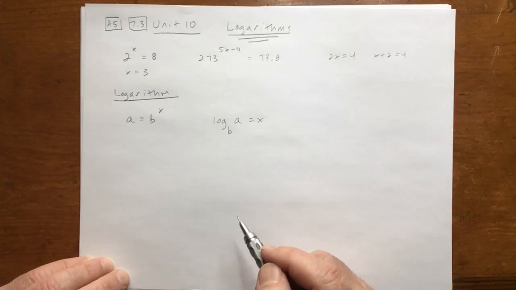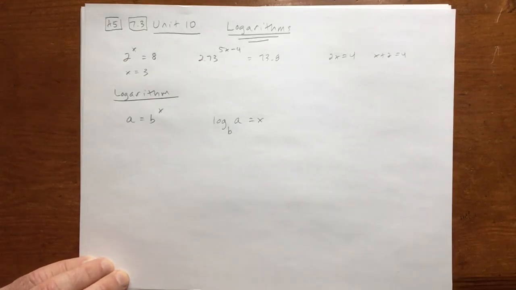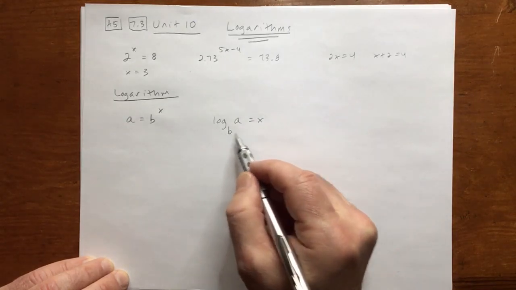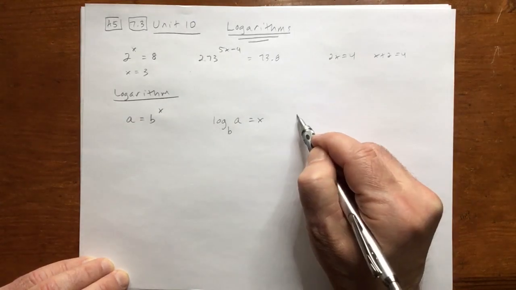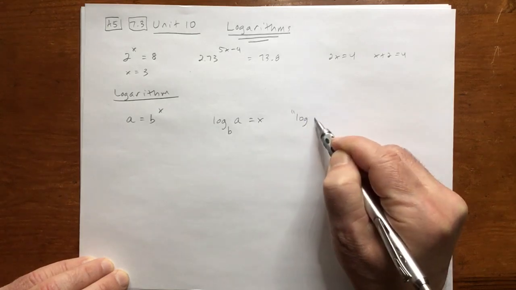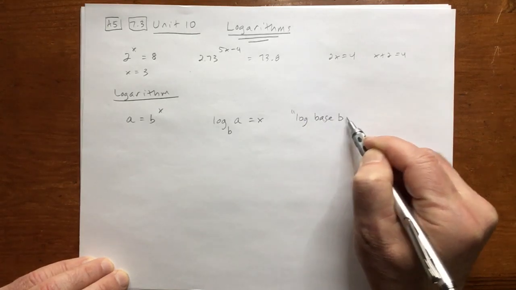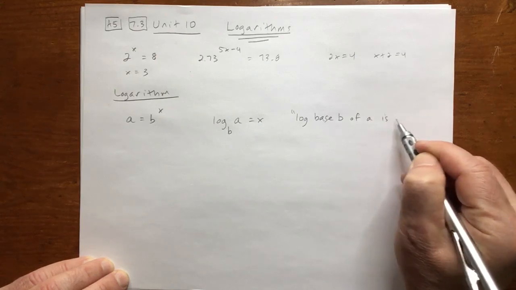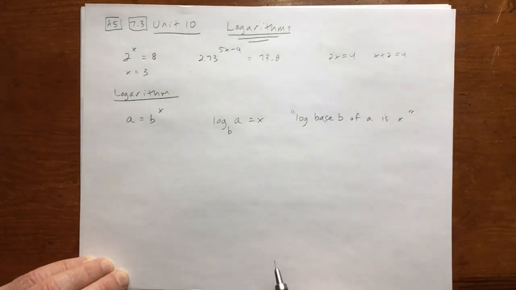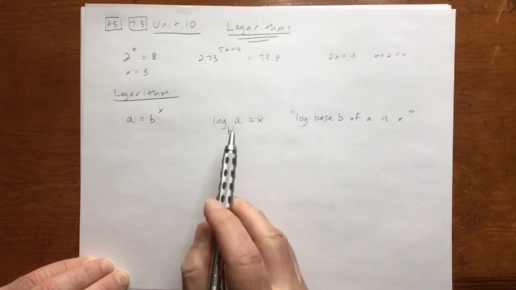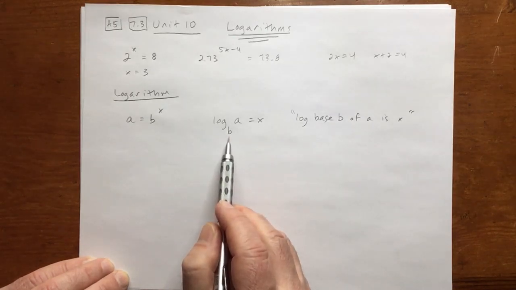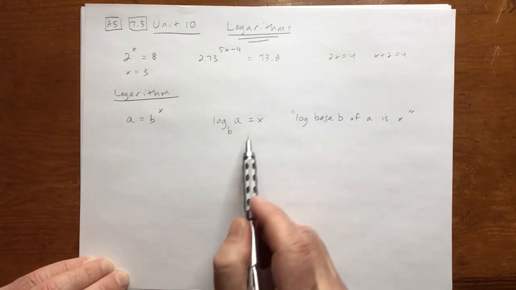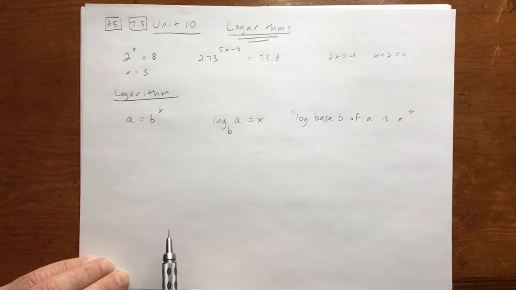And even though you're not giving me any feedback, I do want you to use the proper language, even when you're just thinking about this. So to read this, we say log base b of a is x. Okay, and so this logarithm is what we're going to use to undo this exponential. Because look, the x is all by itself now.